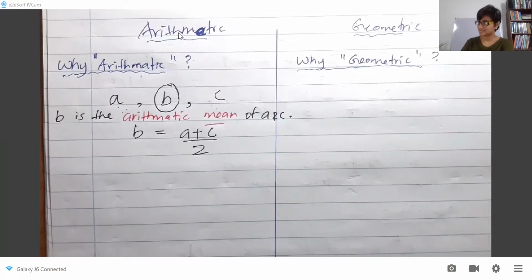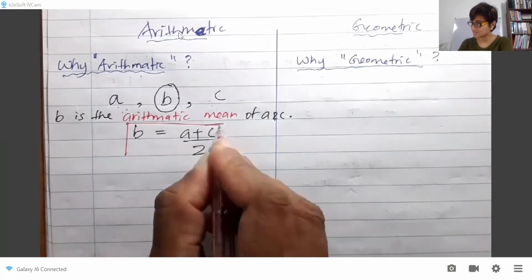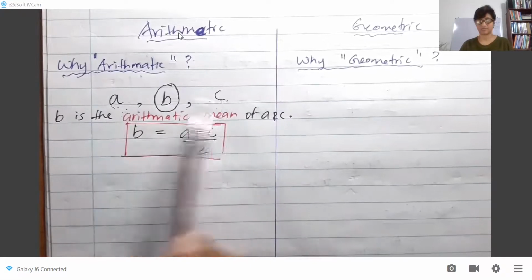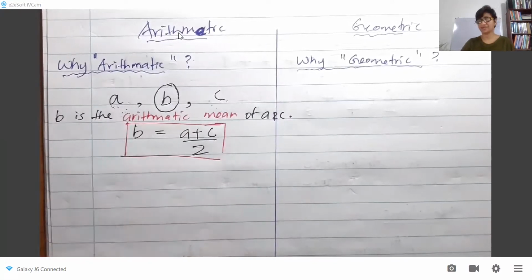That means B is equal to A plus C divided by 2. This is true for any three. You take any term, and it is equal to the sum of the two terms on either side of it divided by 2. That is the arithmetic mean of these two. That's why it's called arithmetic.